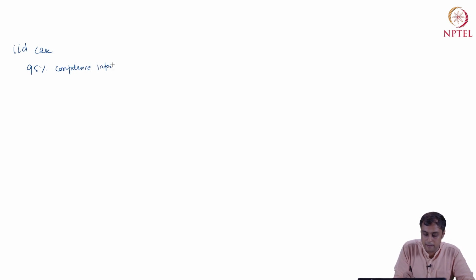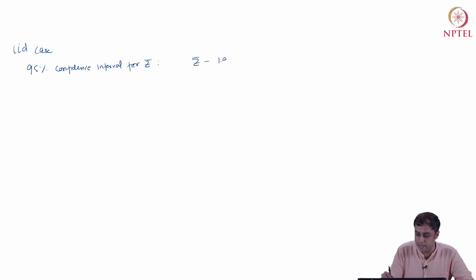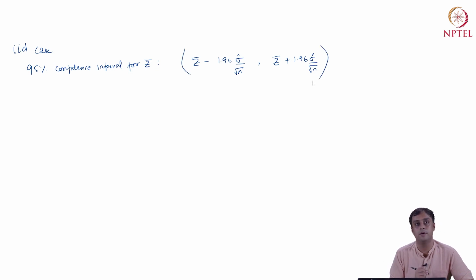More specifically, in the IID case, the 95% confidence interval for Z bar was given as Z bar minus 1.96 sigma hat over root n, comma, Z bar plus 1.96 times sigma hat over root n, with a lower and upper bracket.